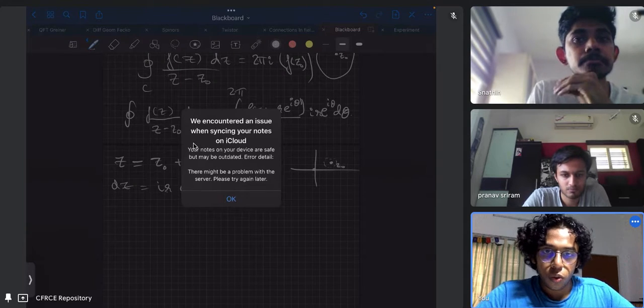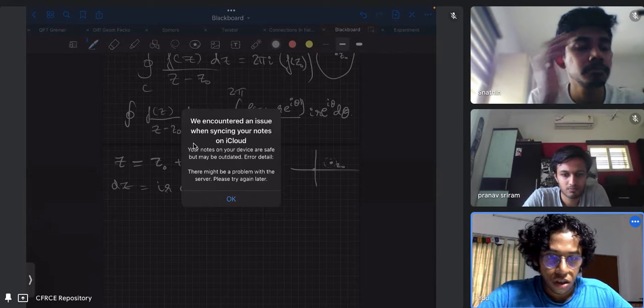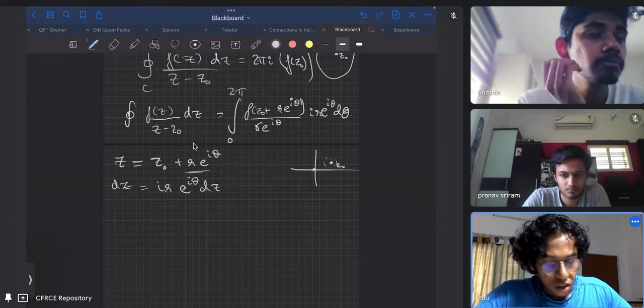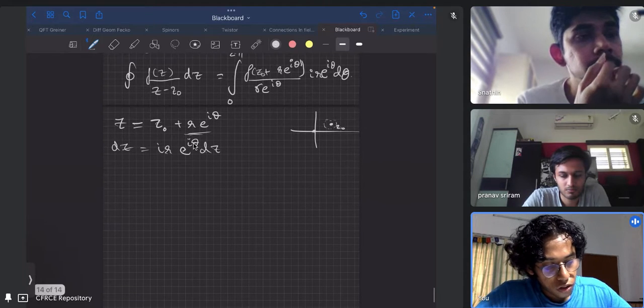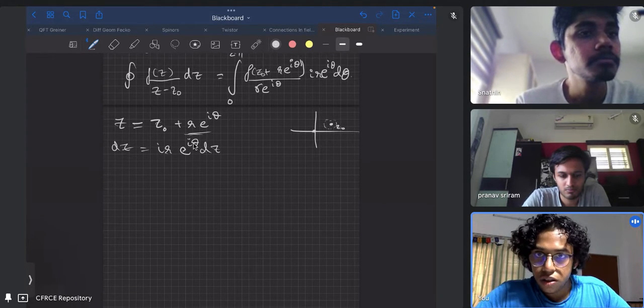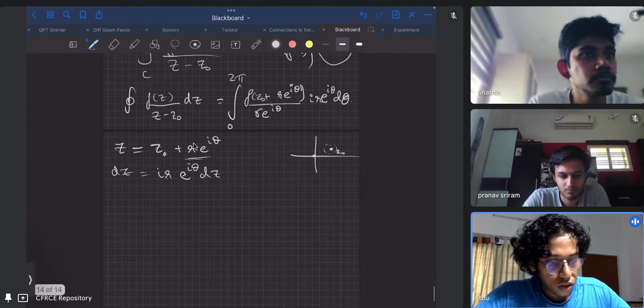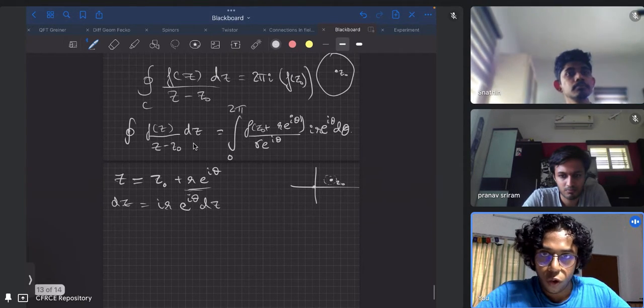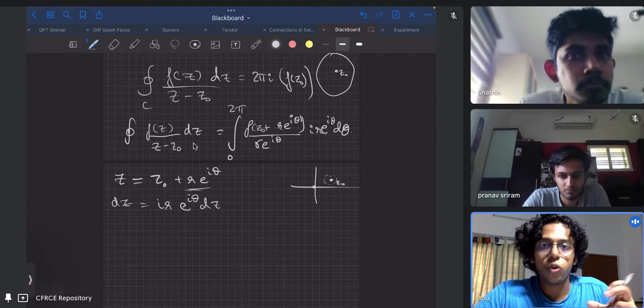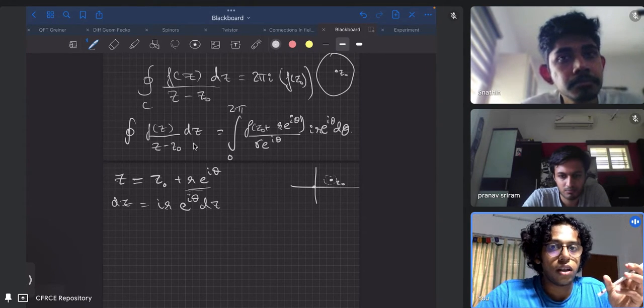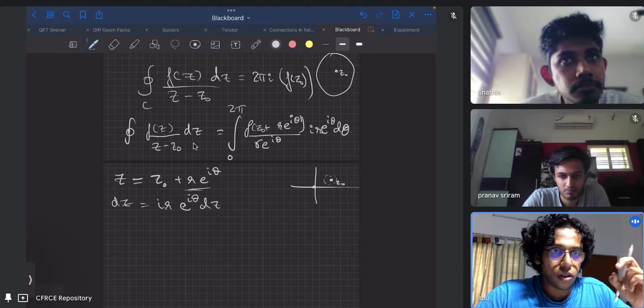Now the trick works because when you want to take the circle, note that z minus z naught is a pole, so we want to get that out. We want to get a 2 pi i for the pole.